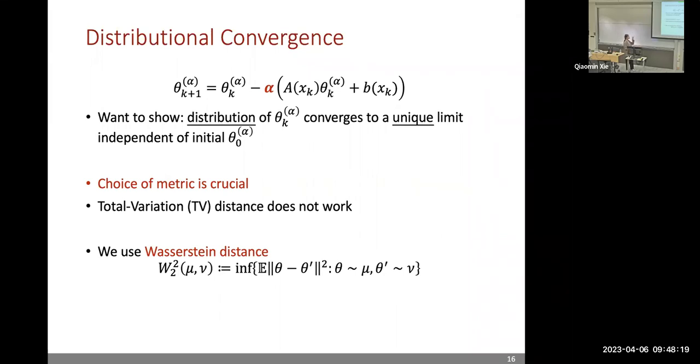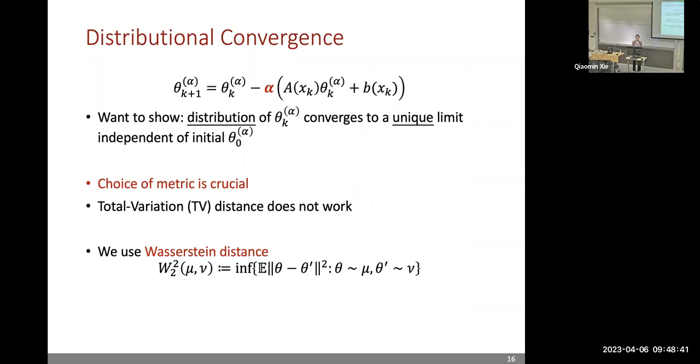Okay, it turns out that it's important to use the Wasserstein distance to establish the distributional convergence. So why are we interested in distributional convergence? Can we just look at the mean square error between theta and theta star? But that will only give the mean square error.